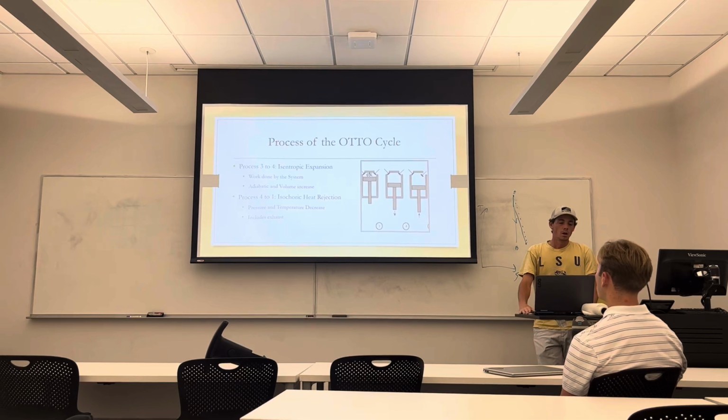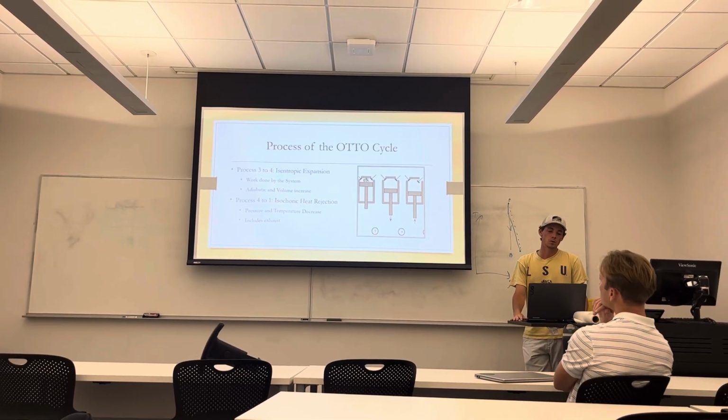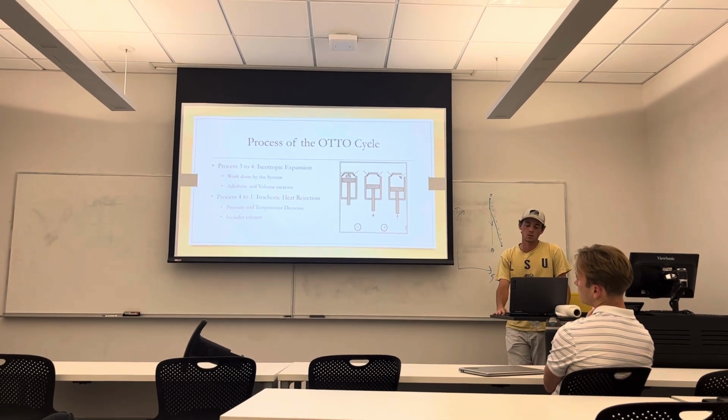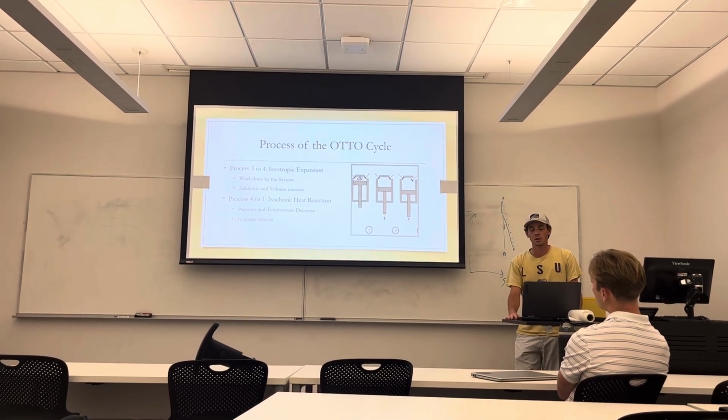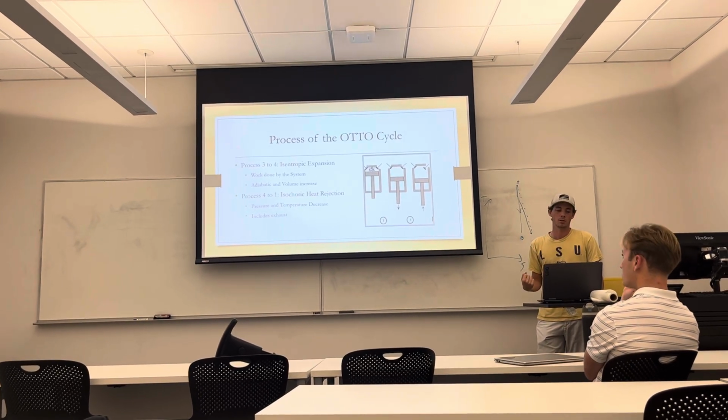But then you move to your process from 3 to 4. So then you have another isentropic process, isentropic expansion. This is where your work is being done by your system. You have that combustion, which drives the piston down.